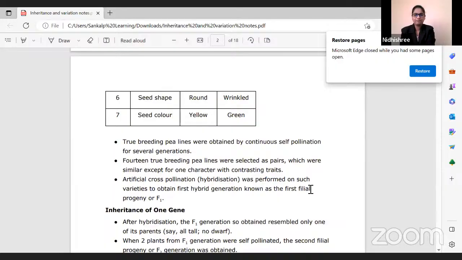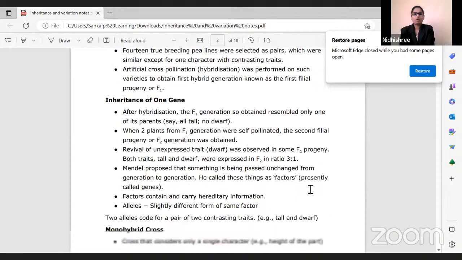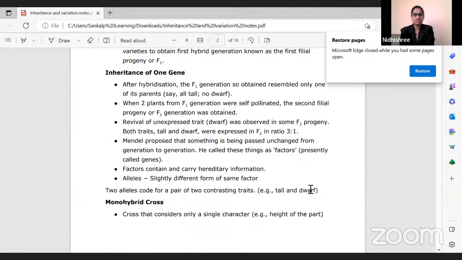After the crossing, we will get the first filial generation, then the importance of inheritance of one gene. Mendel termed gene as factors.